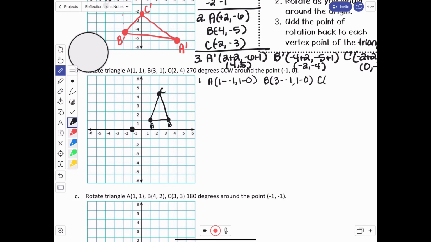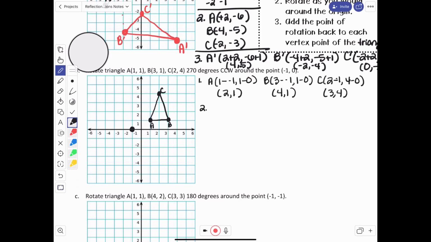And for C, we want to do 2 minus negative 1 and 4 minus 0. So we'll get 2, 1, 4, 1, 3, 4. So there's step 1.